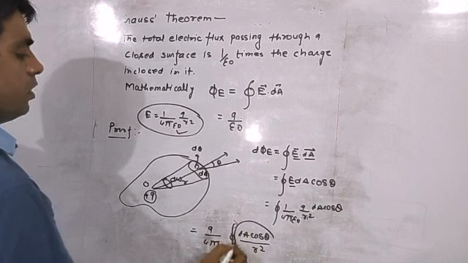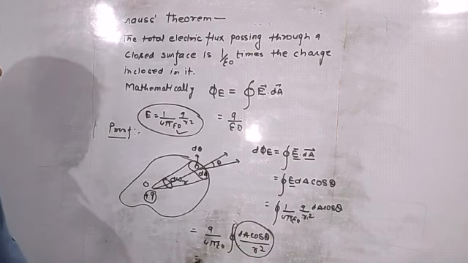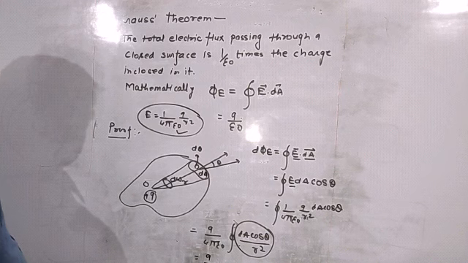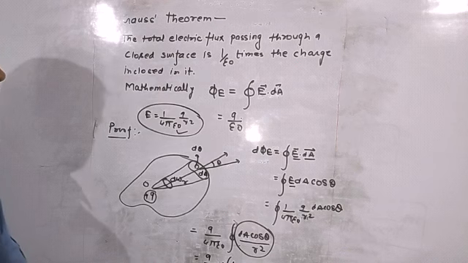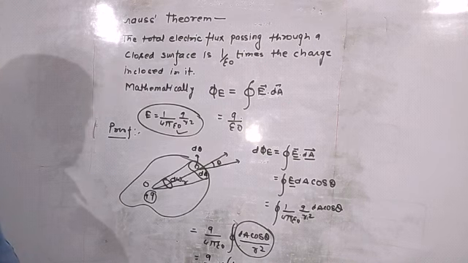Now what is the value of dA cos theta by R square? This is d omega, and the integral of d omega is given as 4 pi. The 4 pi will be cancelled out.